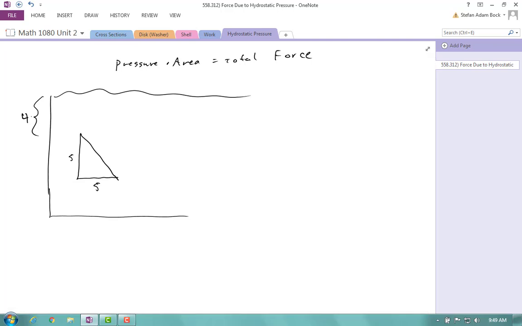So depending on how high up on my triangle I look, I'm going to have different amounts of pressure applied to that part of the triangle. But again, since pressure is only a function of depth, that means I'm going to, surprise, chop up my triangle at a bunch of different depths.